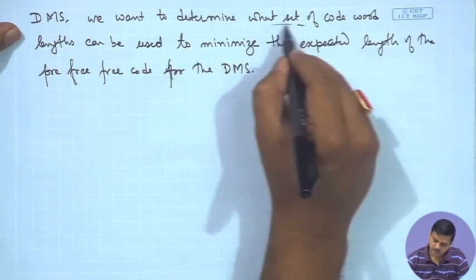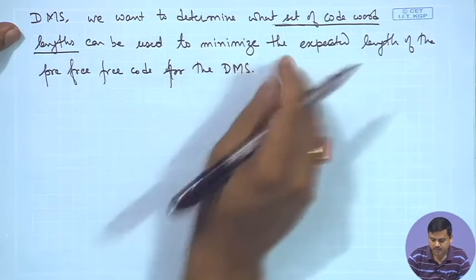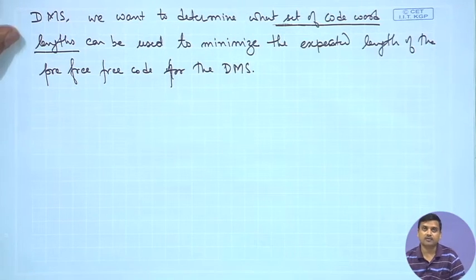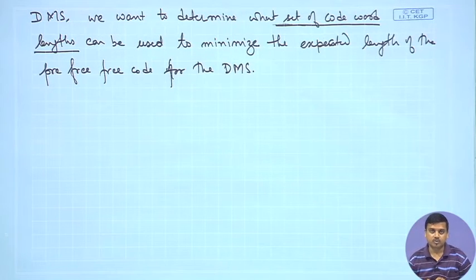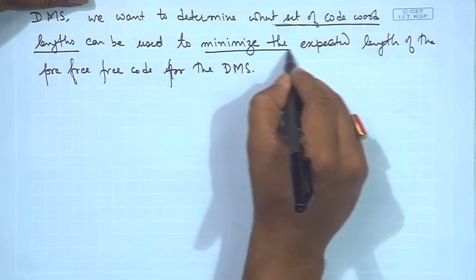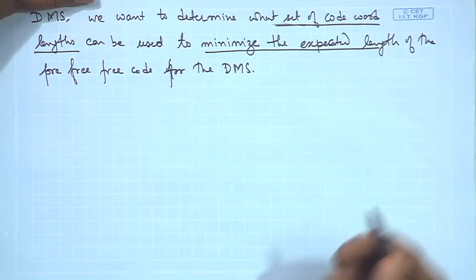So, we are talking about the set of code word lengths, that means L of A, L of B up to L of, let us say Z, or L of A1, L of A2, L of A3 up to L of AM, which can be used to minimize the expected length of it, right.